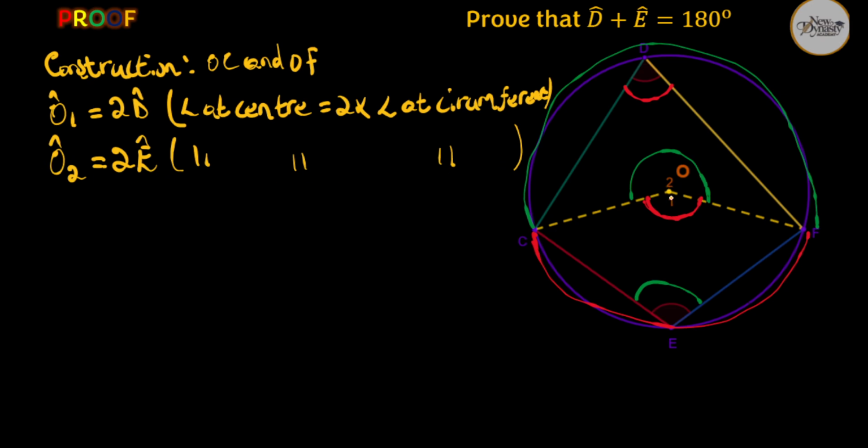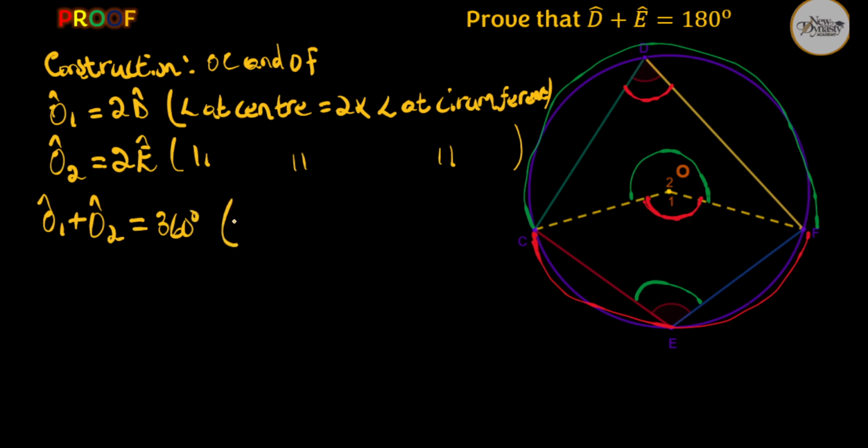But what is happening at the center then? We've got two angles, O1 and O2, and they are around that center. They form a revolution. And the angles that are around that center, which is the point, equal 360 degrees. So let's do the algebra and add those two angles. So which two angles are at the center? It's angle O1 and angle O2. We are just adding them. And we know that when we add the angles around the point, we get 360 degrees. But we still have to give a reason.